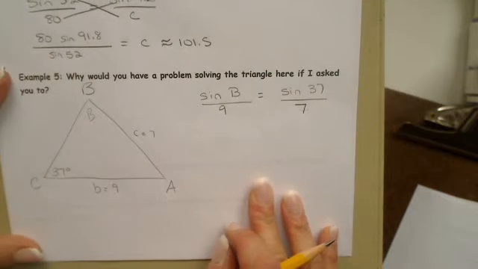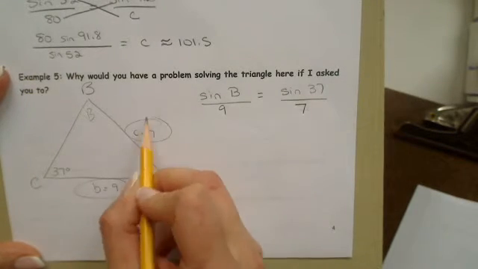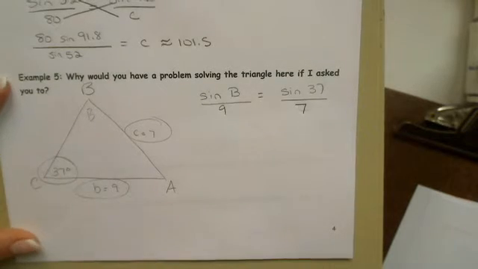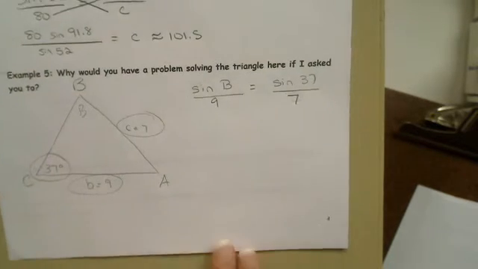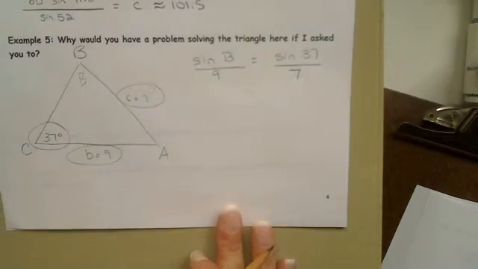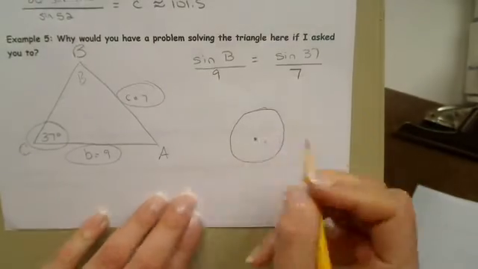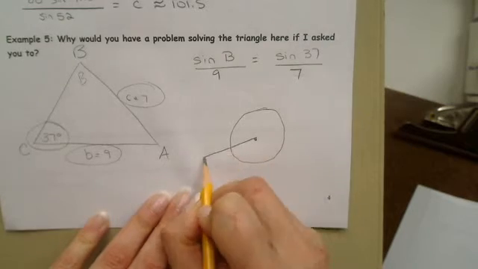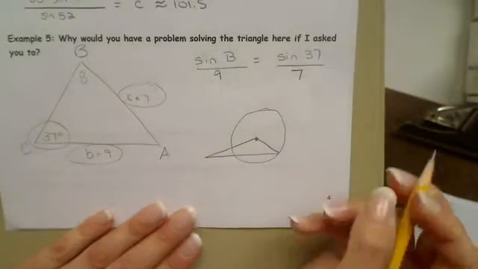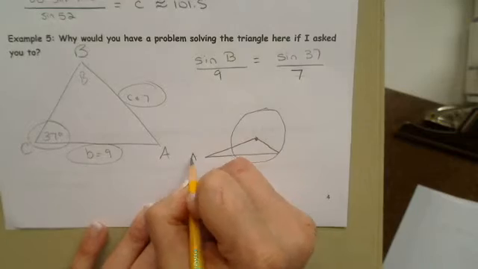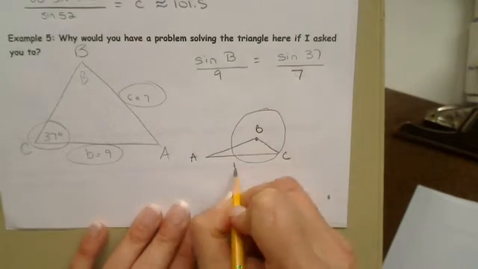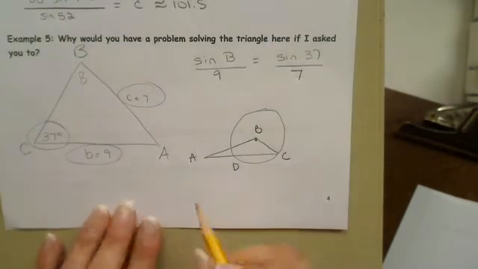Did anybody recognize that you have two sides and a non-included angle? That's angle side side. And when we developed our triangle congruence criteria, back in the earlier units of the year, we talked about this picture. A, B, C, D. This triangle is not the same as this one.